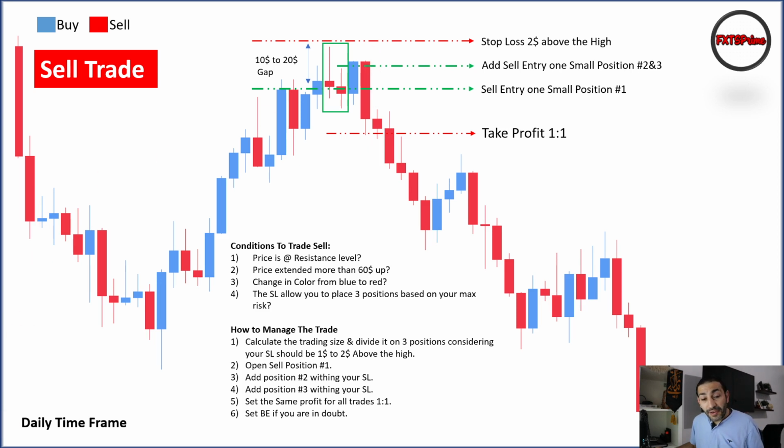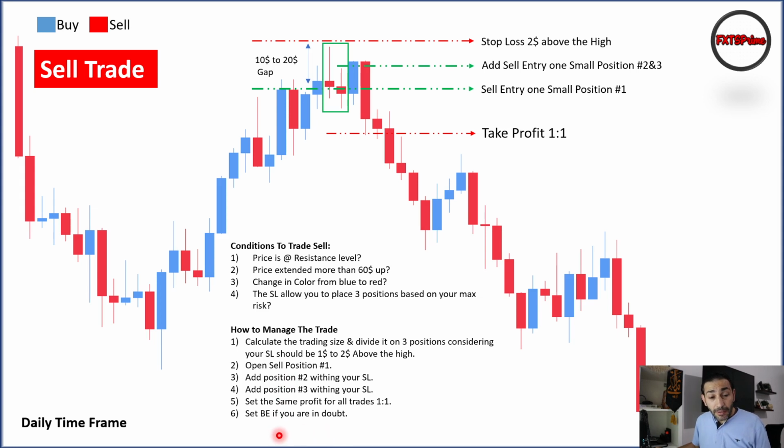So your trade is not 1 to 1 anymore. Your trade is more than 1 to 1, and that is what we want. That is called risk management, and you are still maintaining the same stop loss and the same losses.